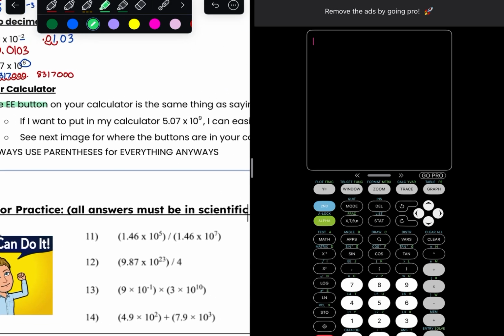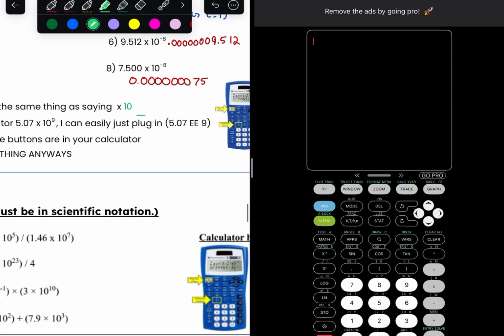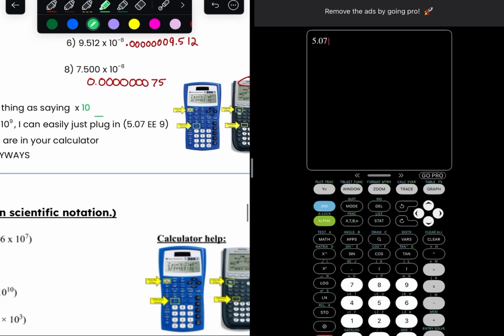So for this one, it says if I want to put 5.07 times 10 to the 9th into my calculator, the way I can plug it in, at least on a TI-84, is I can go 5.07. So that's my first number between 1 and 10. And instead of doing times 10 to the, I am going to press the EE button. On the TI-84, the button is second, and you're going to press the comma button, and you should see some sort of E appear, whether it's uppercase or lowercase.